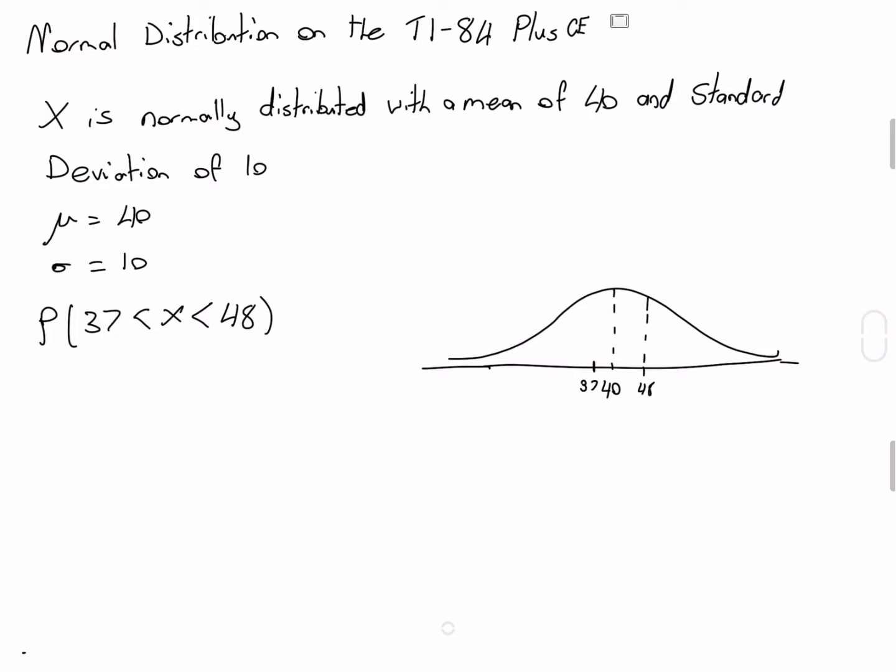The reason I've chosen to put these where they are is that 37 is very close to the mean, and 48 is a bit further away. So make them relative. And what we're going to do now is shade that area so we can see what this actually looks like.